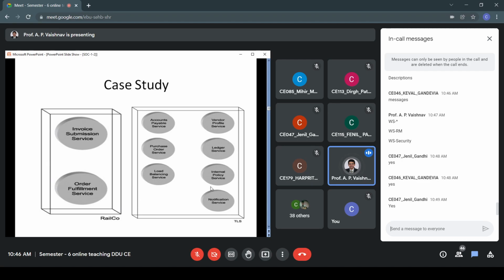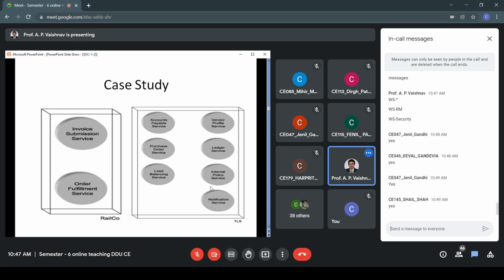The account service will be calling the vendor profile service to check the vendor details. If vendor details are valid, then we will make the payment, and then we will update the records, and that will be done by the ledger service. And finally, the notification can be sent using the notification service. So can I say that this is a composition scenario? I'm combining multiple services for one task.